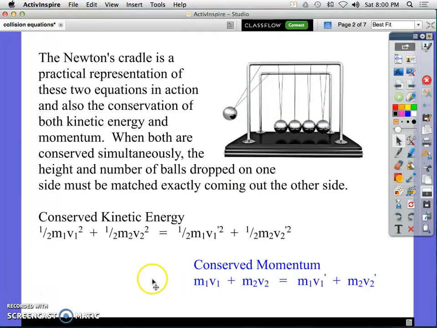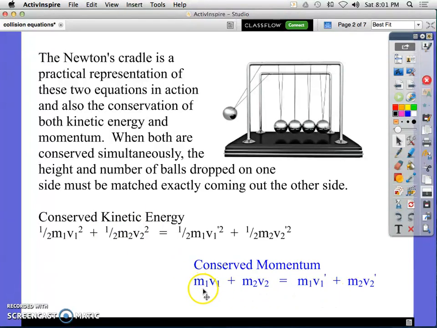Okay, so we have two equations. Kinetic energy has to be conserved. The kinetic energy of the first ball before the collision combined with the kinetic energy of the second ball before the collision has to equal the kinetic energy of those two balls after the collision. In our special case, the second ball's term is zero because it isn't moving. Also, momentum is conserved.